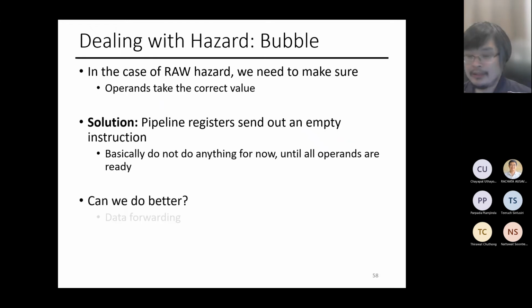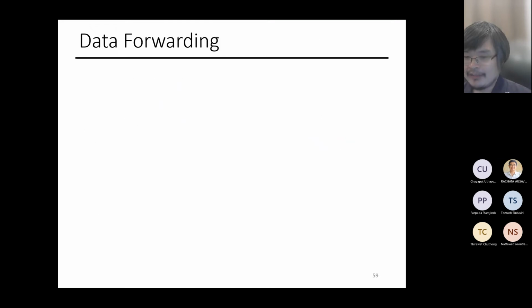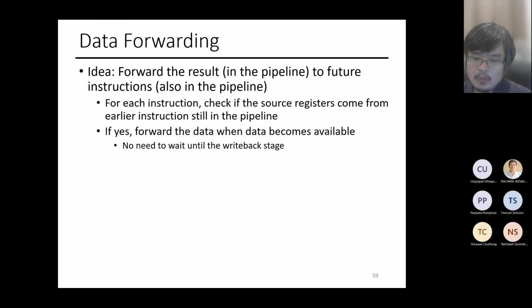And we can do better using data forwarding as I showed earlier, right? But let me formalize the key idea of data forwarding. Data forwarding wants to forward the results in the pipeline to the future instruction that's already in the pipeline as well.